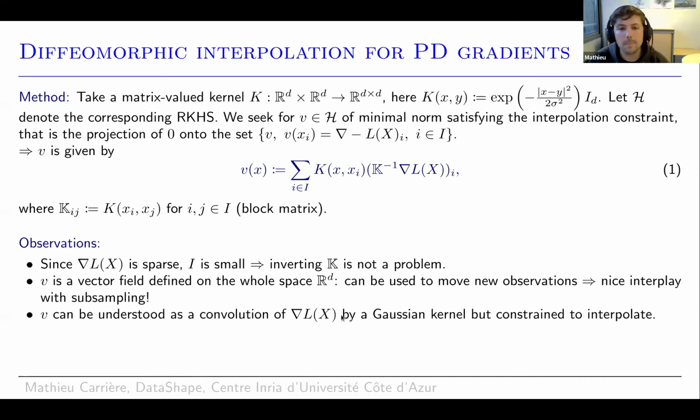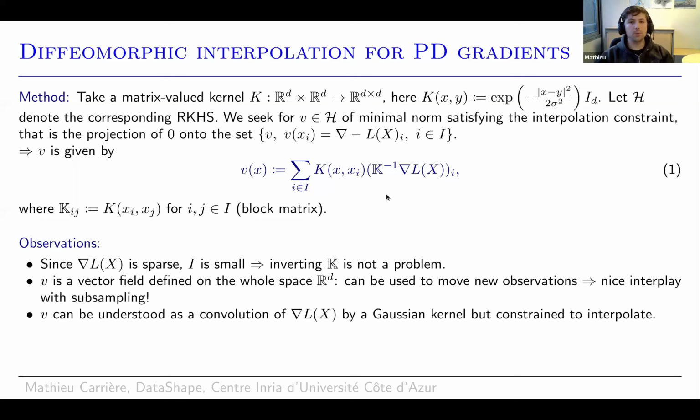One way to understand it, instead of going through every term in this equation, is as taking the vanilla gradient of the loss, the one on the critical points, and then smoothing it by convolving with the Gaussian kernel. Then this K^-1 gradient is some extra term that you multiply with, so that the constraint is respected, so that you match the gradient on the critical points.